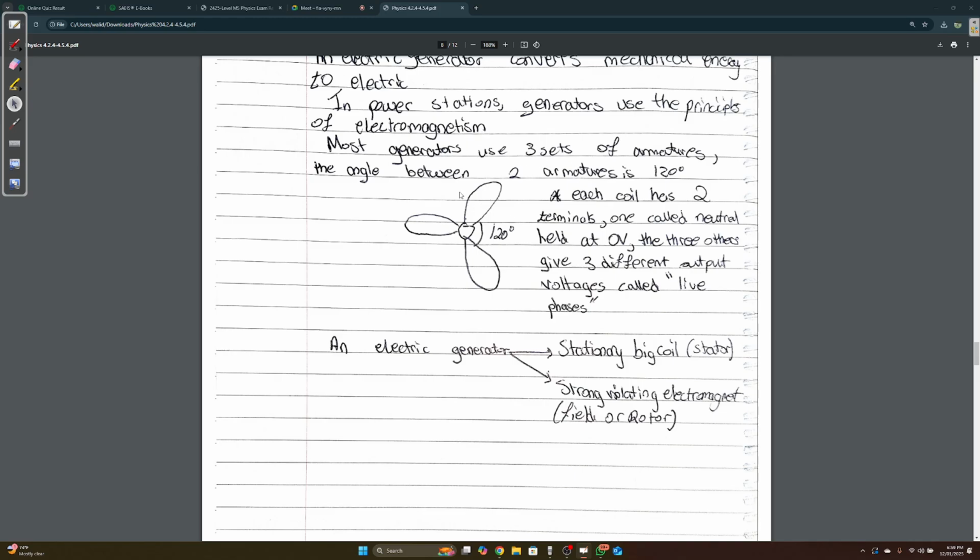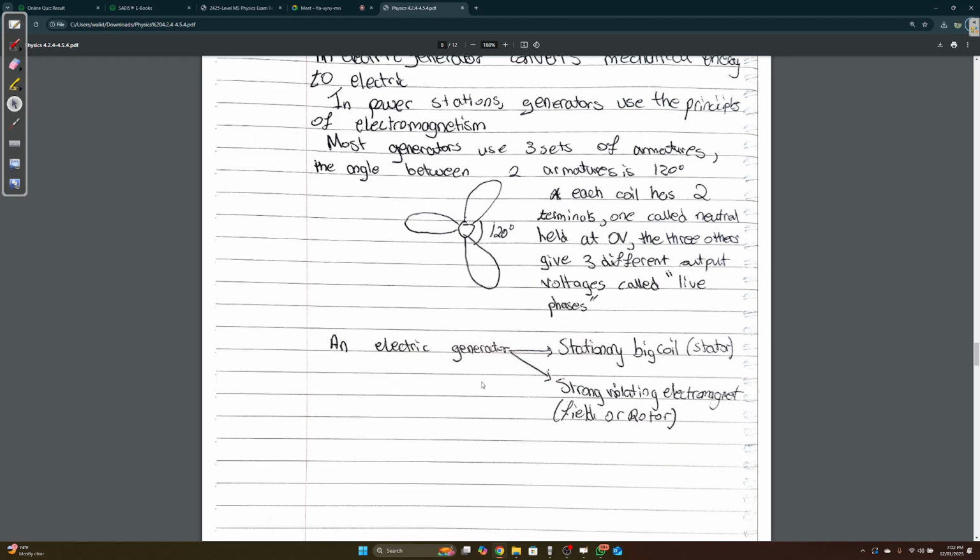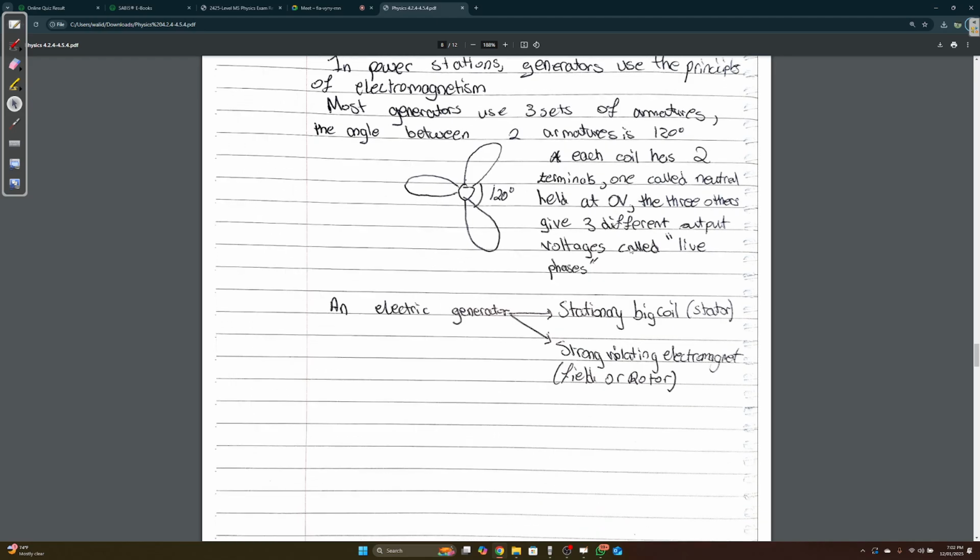So this is 1, 2, 3. The angle between 2 armatures is 120 degrees. I don't know, these are just notes our teacher gave us. Each coil has 2 terminals, 1 neutral, and the 3 others... Okay, so I'm reading over this, and it doesn't really make sense, but just memorize this. It never came from what I saw.